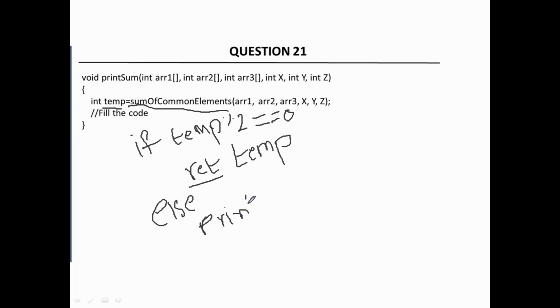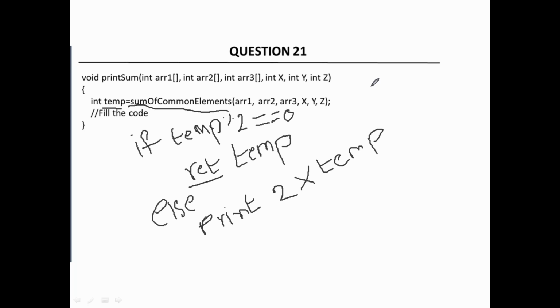So if we got an odd sum of common elements of these three arrays, at that time we should print this one, guys: 2 into temp. Okay, that's it, simple one more. Simple program. I hope you understood this one.